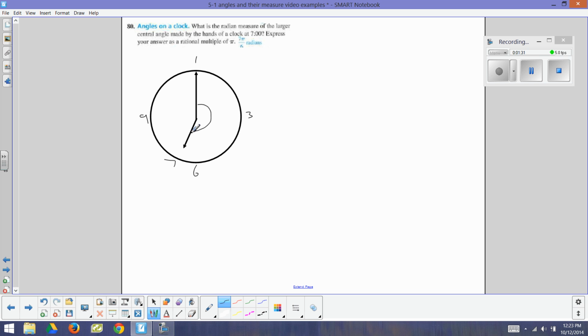At 7 o'clock, that angle is 7/12 of a whole circle, or of 2 pi radians. So it's 7/12 of 2 pi radians. 2 cancels right there to 6. So you end up with 7 pi over 6 radians.